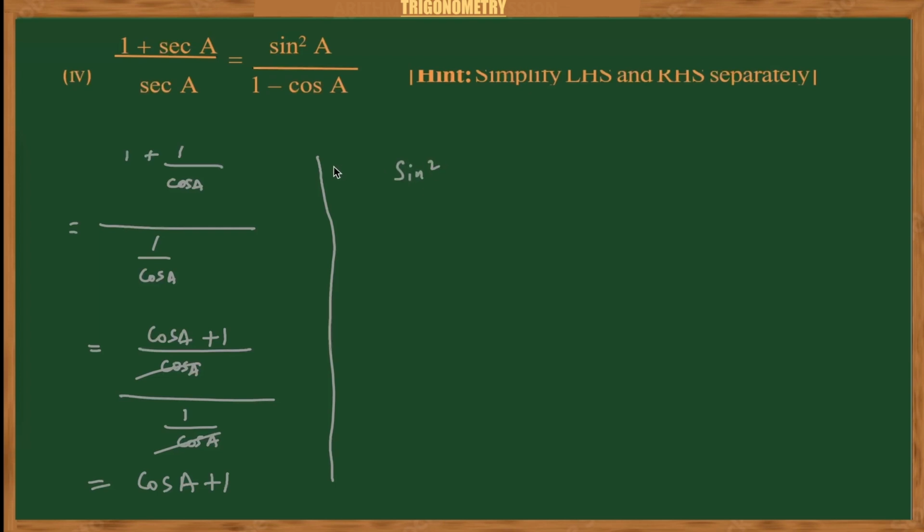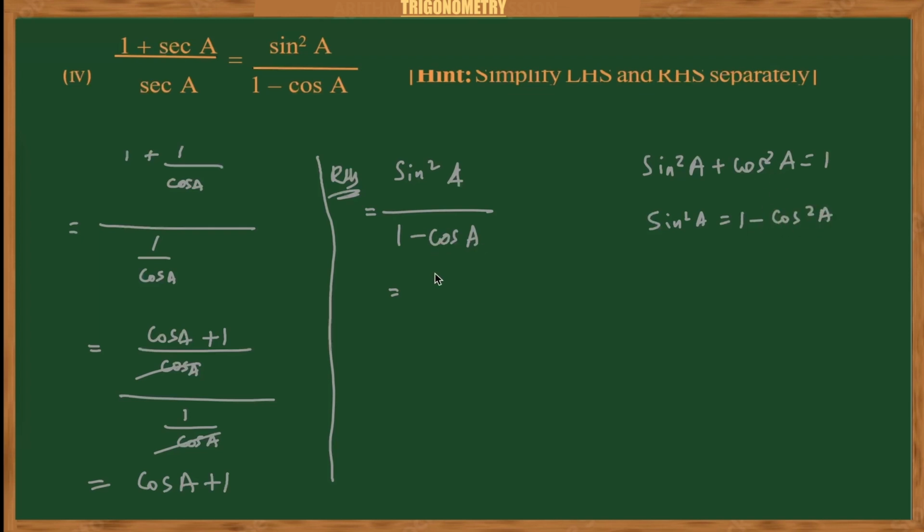Sine square A divided by 1 minus cos A. So sine square A in terms of cos: we can utilize our formula sine square A plus cos square A is equal to 1. So we can represent sine square in terms of this, 1 minus cos square A, so that we can relate it here.